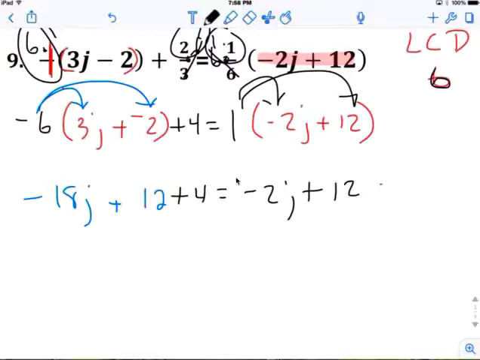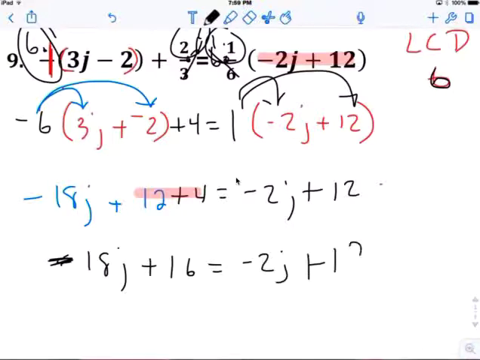Okay? Same thing. 1 doesn't change anything. Okay? Combine these together. You get -18j plus 16 equals to -2j plus 12. Add 18j because -18 is smaller than a -2.